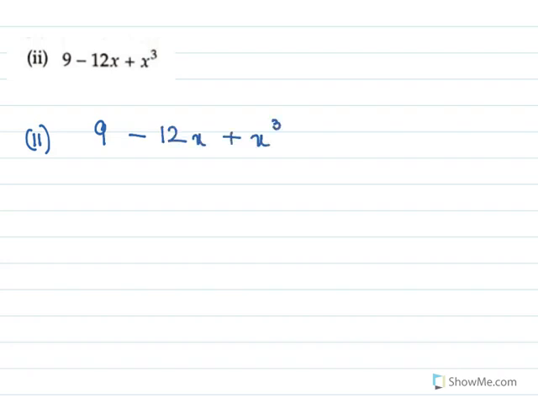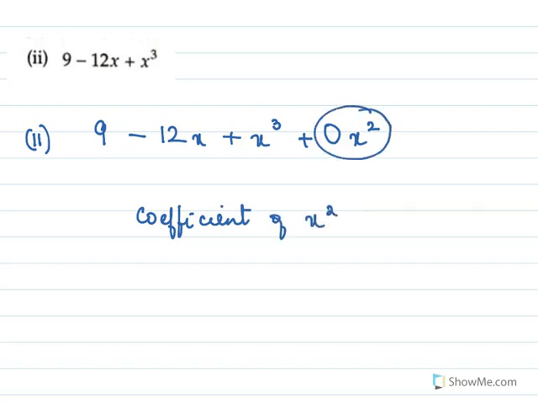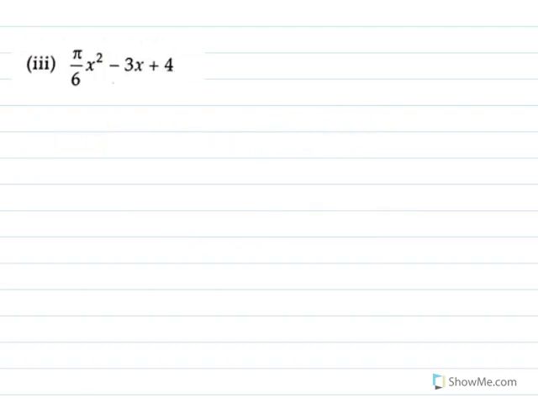There is no x square term, so I am going to write 0x square. 0x square is 0, it does not change the polynomial at all. So now for the coefficient of the x square term, here is the x square term and this will be the coefficient. So coefficient of x square term is equal to 0.